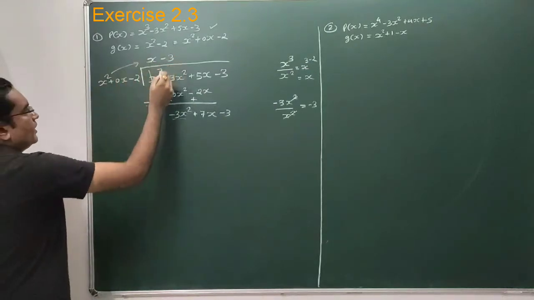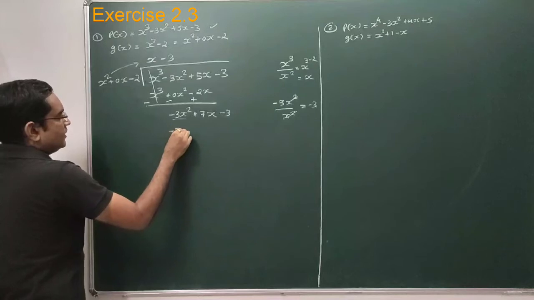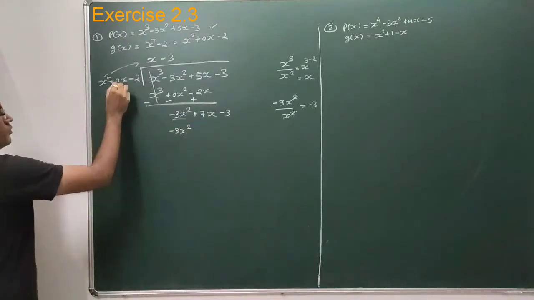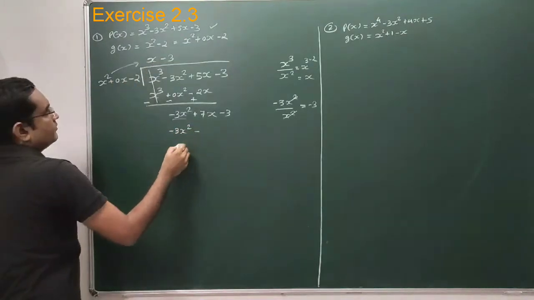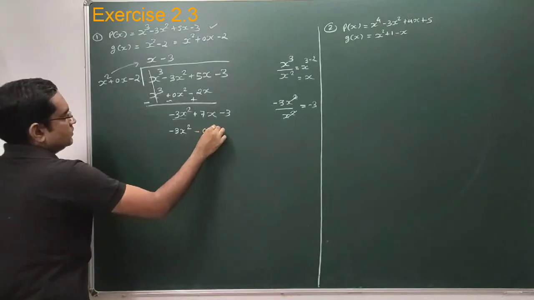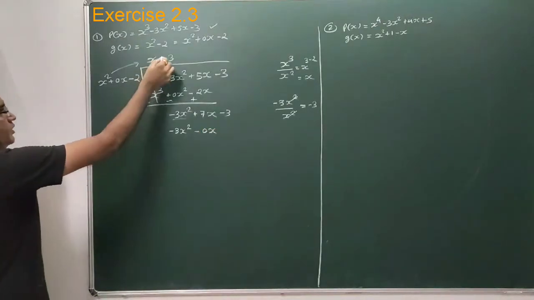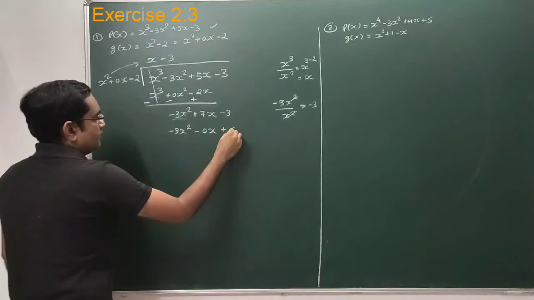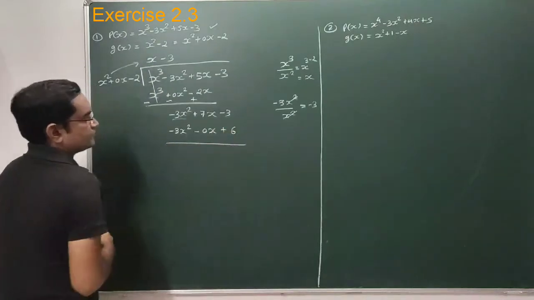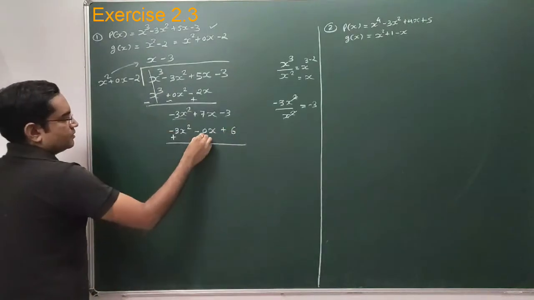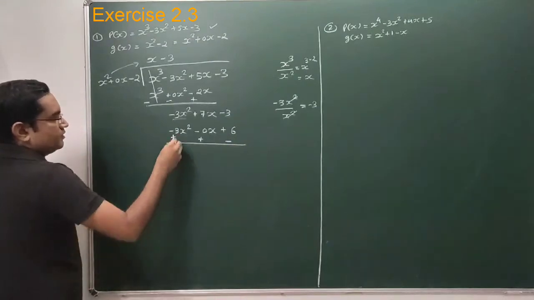So x square into minus 3 is minus 3x square. Now 0 into minus 3 is minus 0x. Minus 2 into minus 3 is plus 6. Change the sign. This is plus, and this is minus.